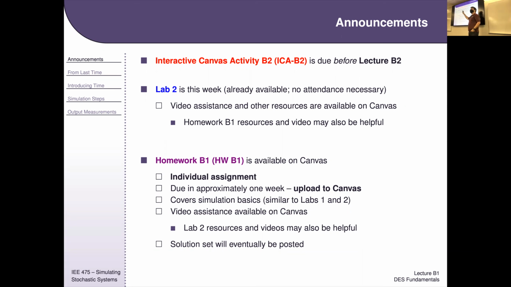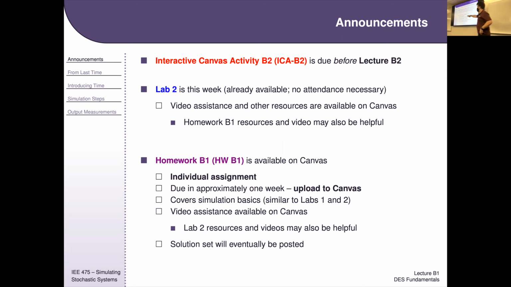Lab 2 is this week. Lab 1 was basic, where we start getting into what entities are, et cetera, and what some simulation platforms are. In Lab 2, there's going to be a hand simulation assignment that's similar to the second question on homework B1. Because of that, you'll see some overlap between Lab 2 and homework B1, and some of the assistance provided for one might help you on the other and vice versa.